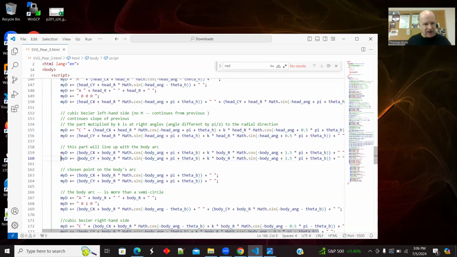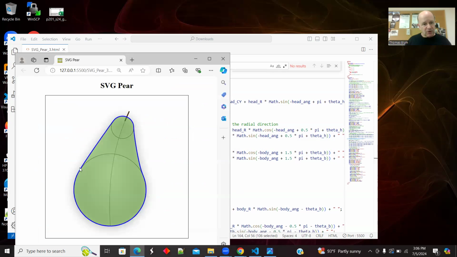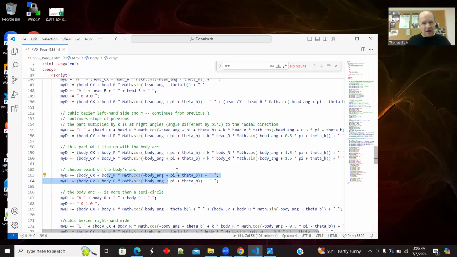So here's the final point, which is a point on the body. Down here, I should say, this is the final point on the body. So I'm here on the body. And then I need some slope that I'm coming from.